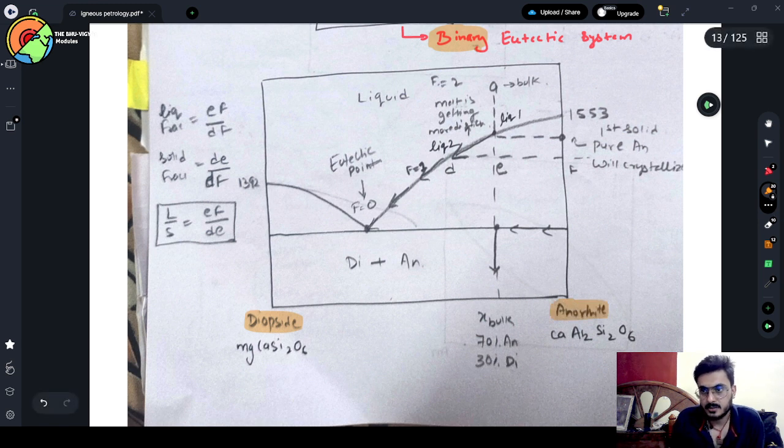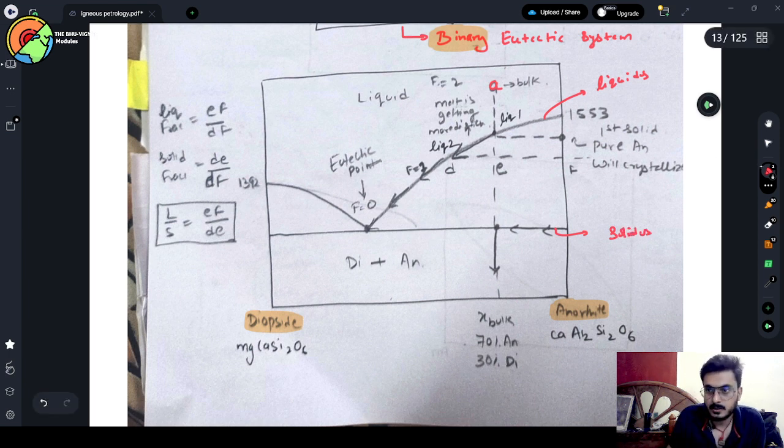So as you can see in this graph, suppose we have a bulk composition of A, okay, and this curve here is the liquidus, and this is the solidus.